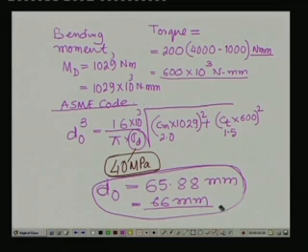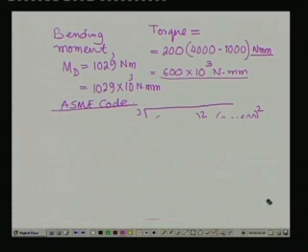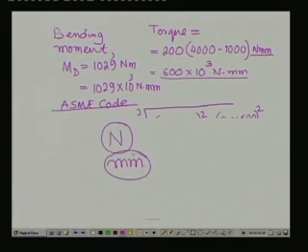Whatever I was trying to say is that while doing these calculations, once again to repeat, it is very important that you always take the force in Newton unit, dimensions in millimeter unit, and stresses and related parameters in MPa, that is Newton per millimeter square.